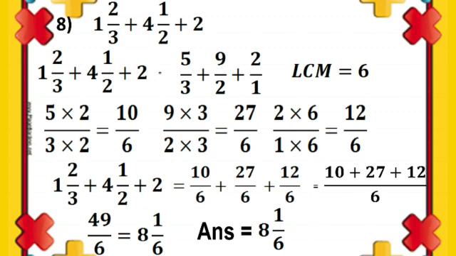Now you add these equivalent fractions. So 10 by 6 plus 27 by 6 plus 12 by 6 is equal to 49 by 6. So 49 by 6 is an improper fraction. So you convert that into a mixed fraction. You divide 49 by 6 and get the answer as 8, 1 by 6.